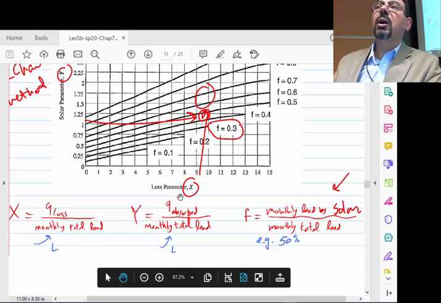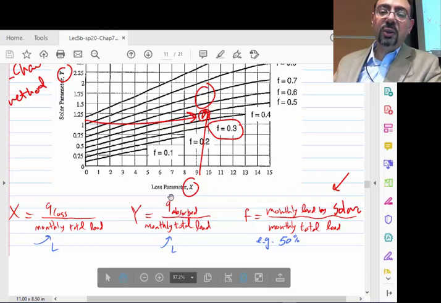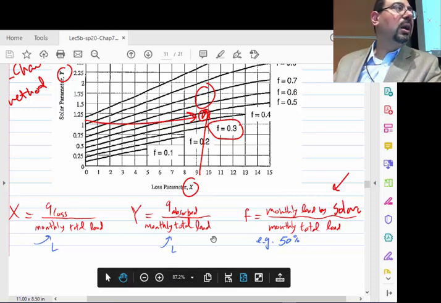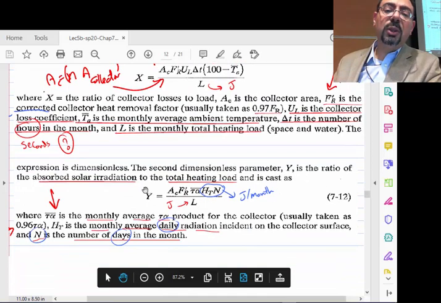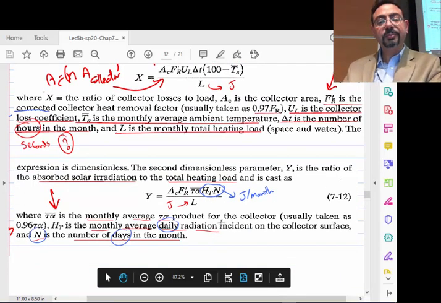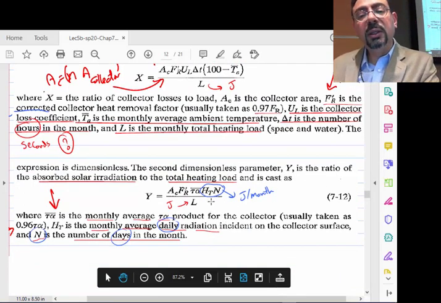It's a ratio of how much radiation you absorbed divided by how much you actually need. Same thing over here: this is Q loss over how much you actually need. To calculate how much you absorbed, you need the number of days, N, in the month, multiplied by HT, and here is the catch, HT is the monthly average daily radiation.